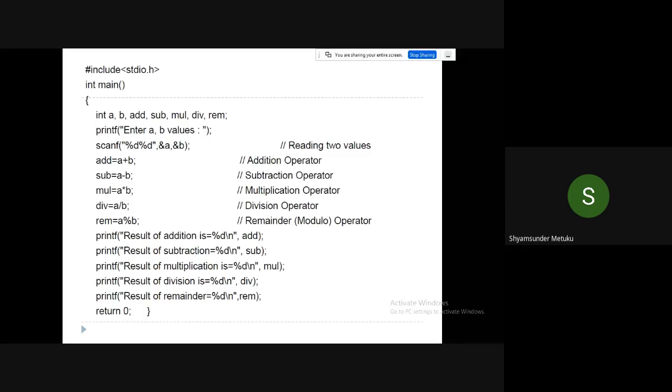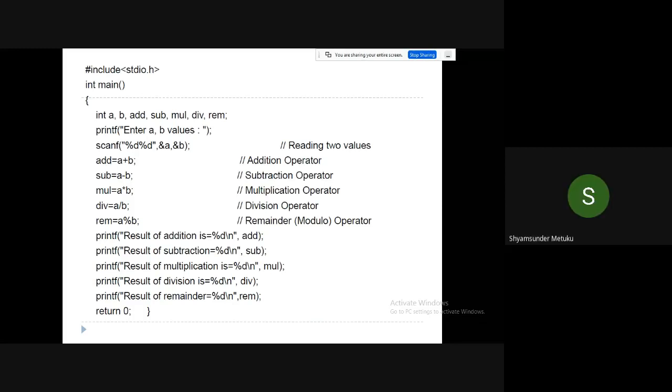And what are they for? A and B are meant for what purpose? Input. So these two variables are meant for accepting the inputs from the keyboard. Am I right? Yes, sir.